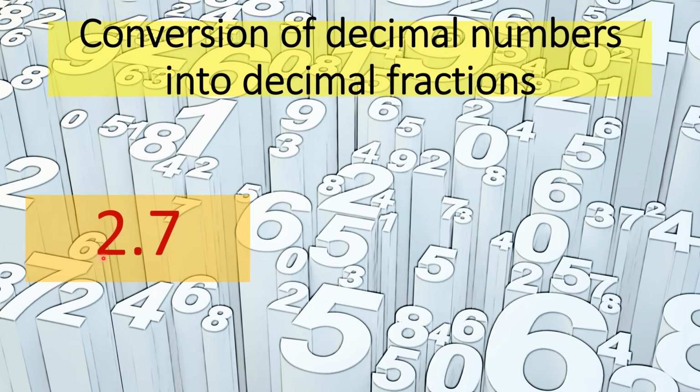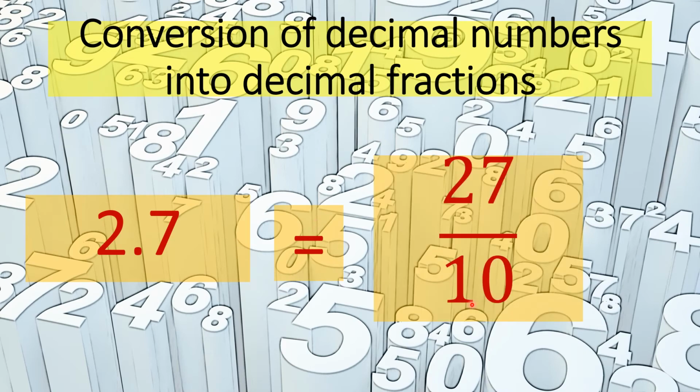This is whole number part, in between decimal point, and it is decimal part. So count decimal parts. How many digits in decimal parts? One digit. So what we will get? 27 by 10. It means if there is only one digit in decimal part, then we will write 10 in denominator, right? Let us do some more.